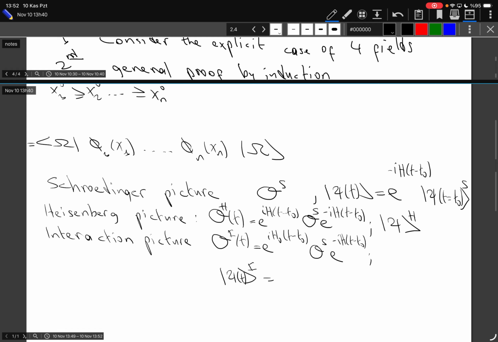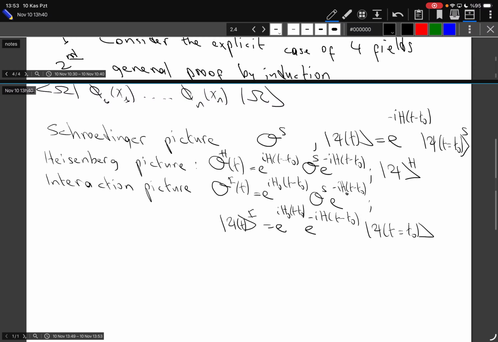You see, the Schrödinger evolution would be e to the minus i H (t minus t0) psi at t equal to t0. But here I'm just separating out the evolution due to H0 in this time evolution, so I will multiply it with e to the power i H0 (t minus t0). So this is what we call the interaction picture operator and interaction picture state.